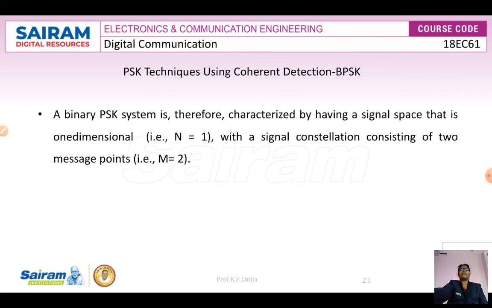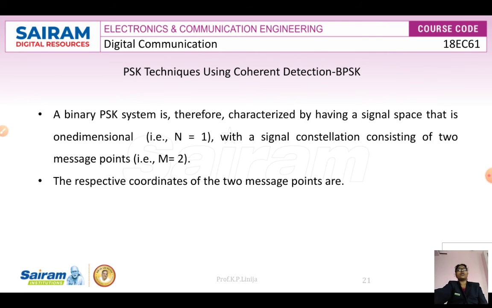In the binary PSK system, we can characterize it by a signal space that is one dimensional, N is equal to 1, and a signal constellation consisting of two message points, M is equal to 2.